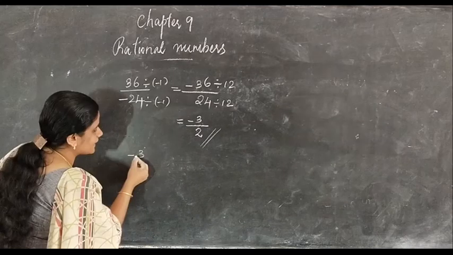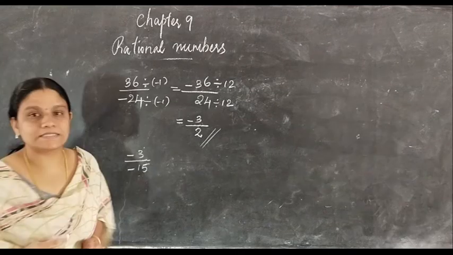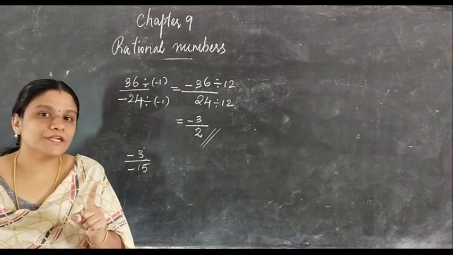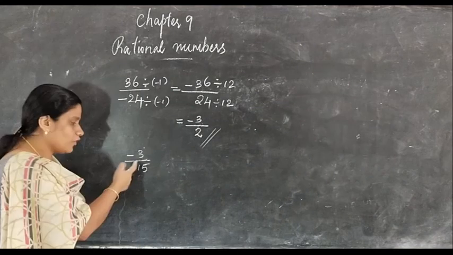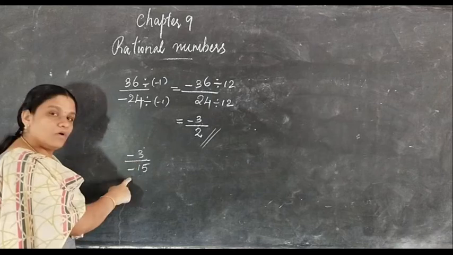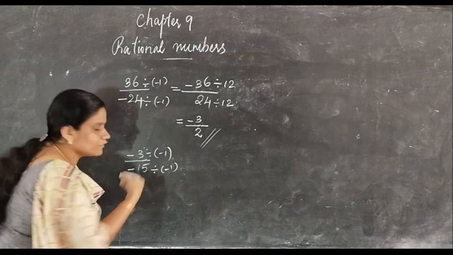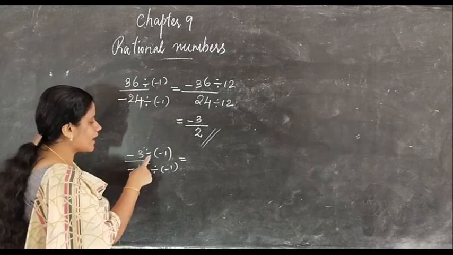If the question is to reduce negative 3 by negative 15 to its standard form: the first condition is that the denominator should be a positive integer, but here it is a negative integer. So to remove this negative, we can divide both the numerator and denominator by negative 1. What will you have?